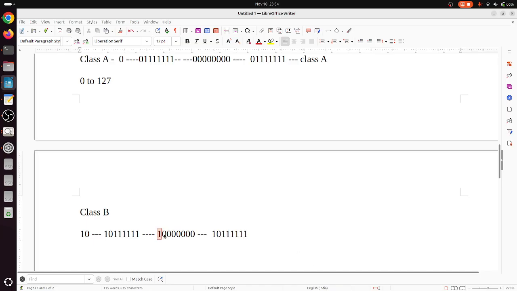The MSB bit once again starts with 10 for class B, and here also it starts with 10. So the number ranges from 128 to 191. It comes under the category of class B.